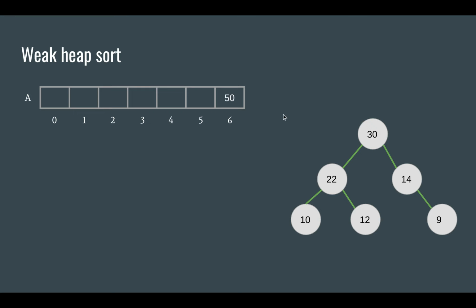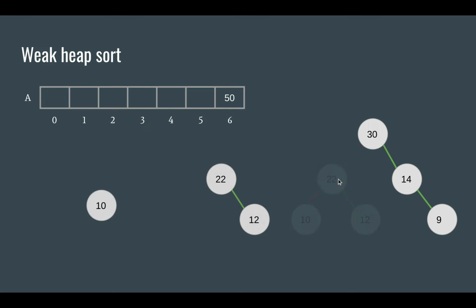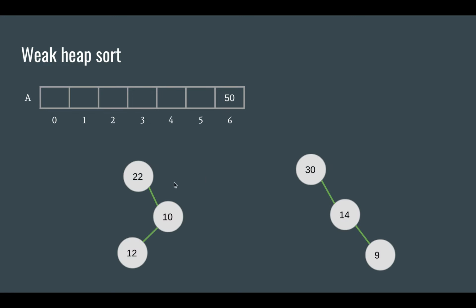Next we will break these two bonds, these two children, and make three different heaps like this. Then we will merge all these three heaps together. First we will merge these smaller trees and make another tree, and then we will merge these two trees and make a single weak heap tree.